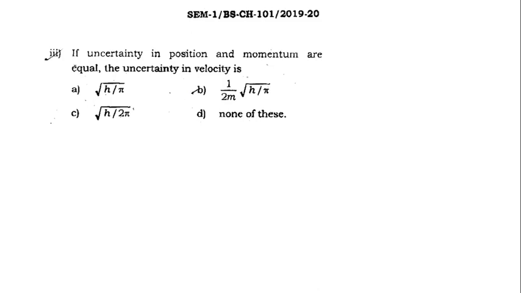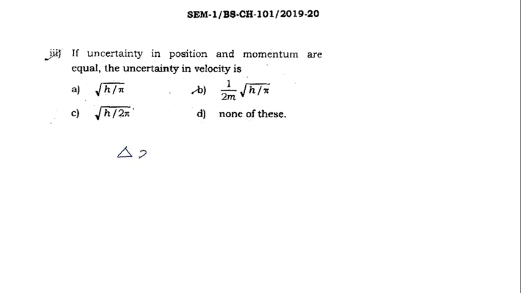Next, see: if uncertainty in position and momentum are equal, the uncertainty in velocity is? Now for this you have to do a small calculation. What is Heisenberg's uncertainty principle?